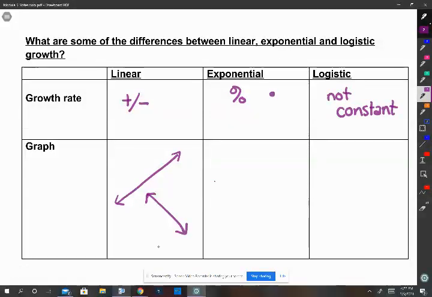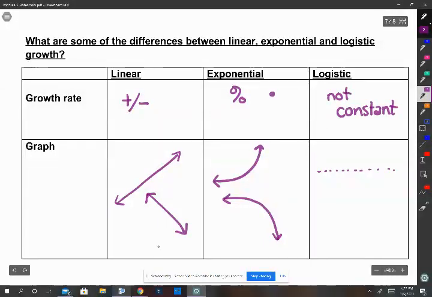Or if it's exponential, it's going to be a curve going up that grows slowly, or a curve going down. When it's logistic, that's where we have that carrying capacity, and it's going to grow, and then it's going to kind of level off eventually. And that's what your function's going to look like.